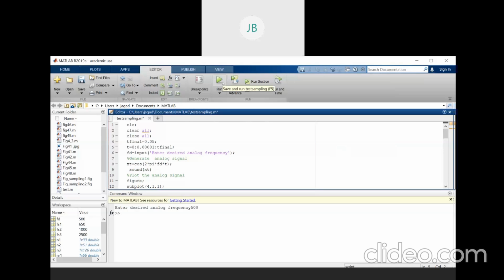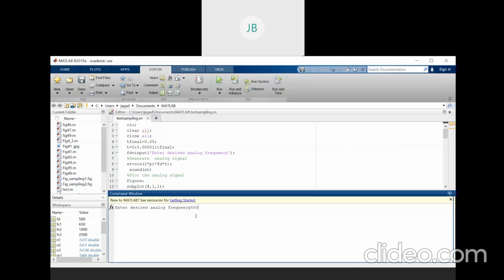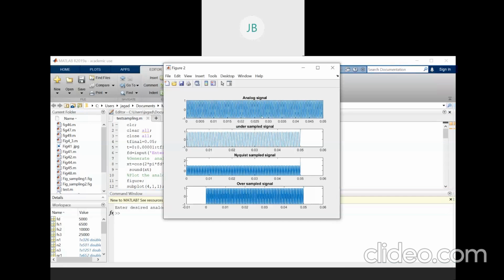I should define here some frequency. So the frequency, let me assign it as maybe 5000, and then I press enter and the code will run. This is the sound of the original signal, and this is the display for a frequency of 5000 hertz.